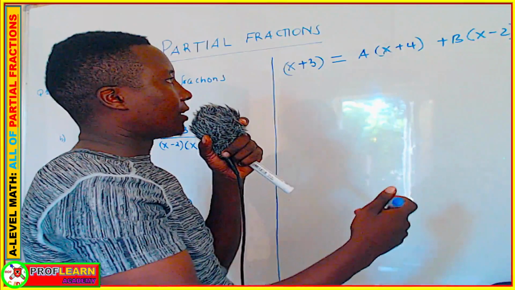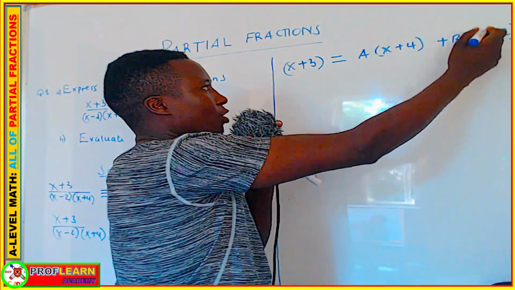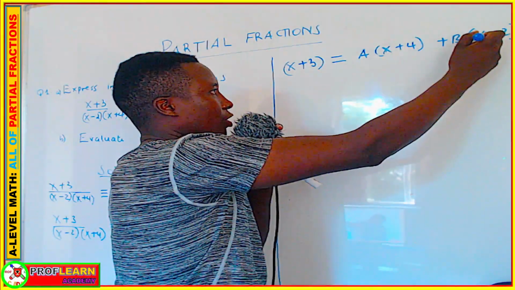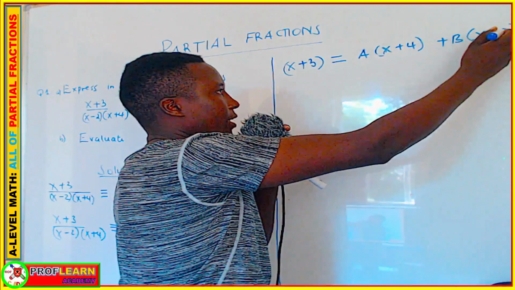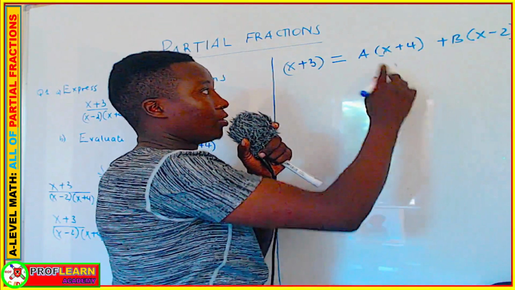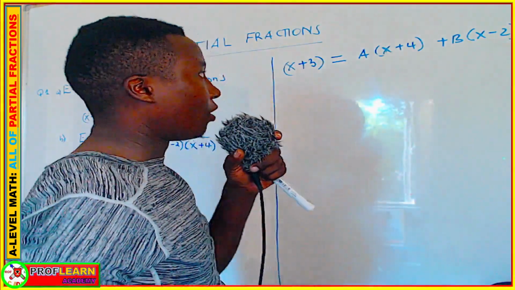In the second scenario, we ask which value x should be in order for this part to be 0. For this case, if you take x as 2, you have 2 minus 2, which is 0, so the whole of this term cancels out. You remain with this so that you can work out the value of a.